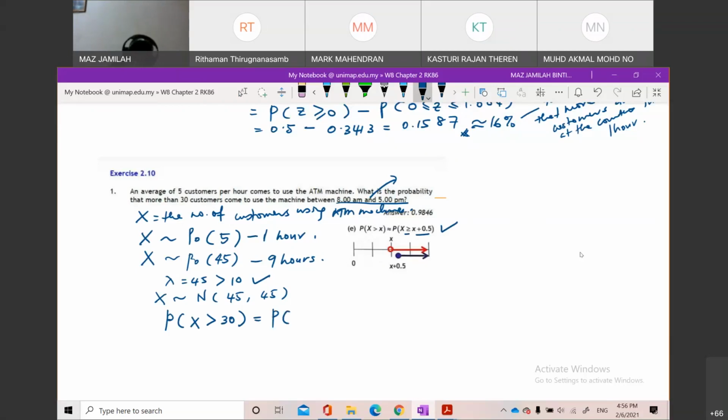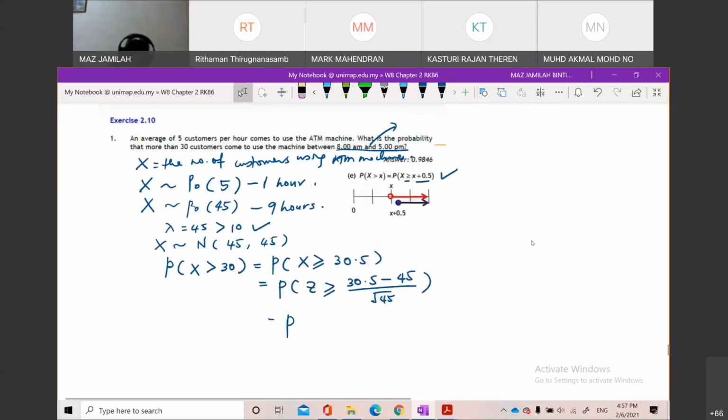So P(X >= 30.5). Apply the transformation: P(Z >= (30.5 - 45) / sqrt(45)). So you will get P(Z >= negative 2.16).